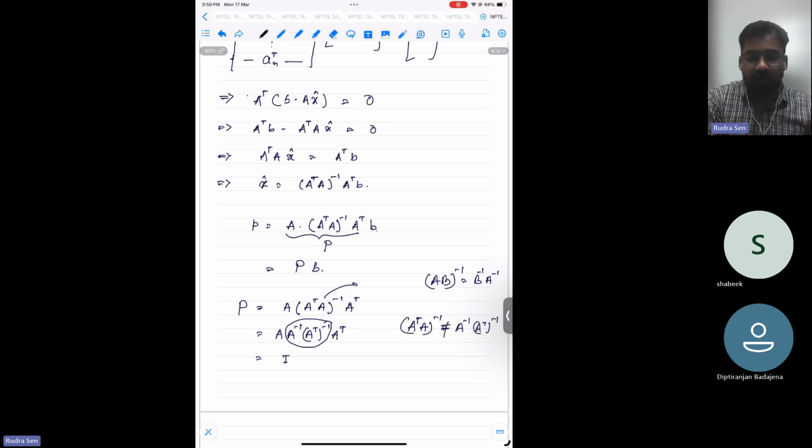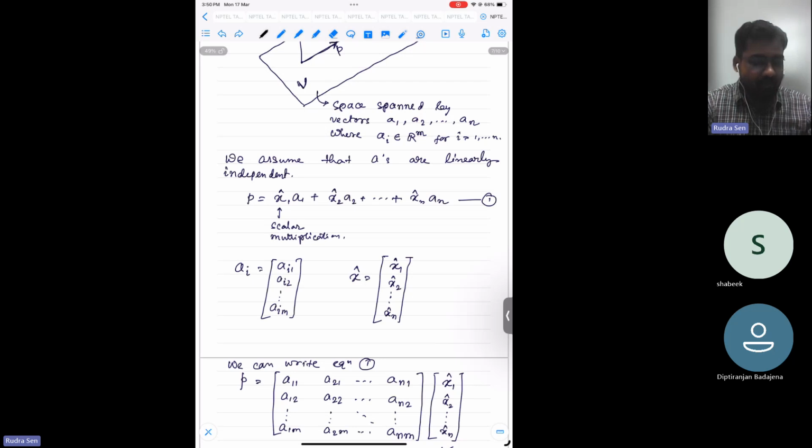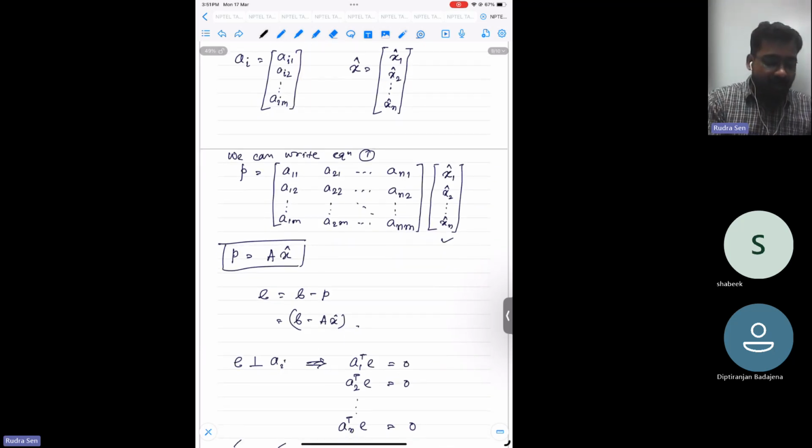Why? Because here the A matrix is a rectangular matrix. From the equation, we have said that it is spanned by vectors. How many vectors? n vectors, A1 to An, and all the Ai belong to Rm. That means each Ai vector has m elements. So definitely that A matrix is never a square matrix.